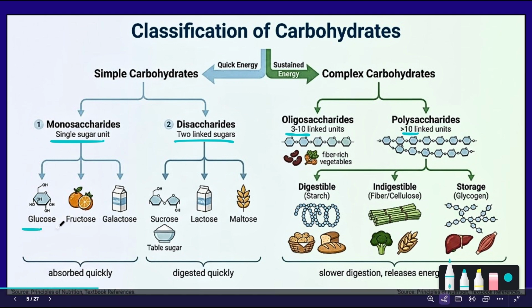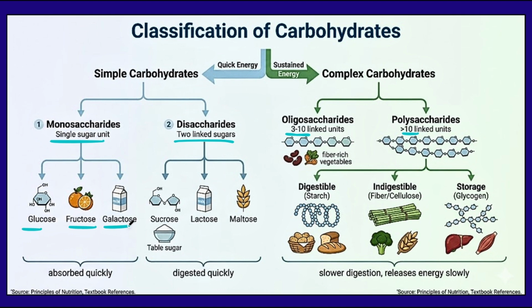The examples are glucose, fructose and galactose. These are the examples of monosaccharides. Sucrose, lactose and maltose are the examples of disaccharides. In the oligosaccharides we have raffinose, stachyose, etc. I will tell you in a further video.